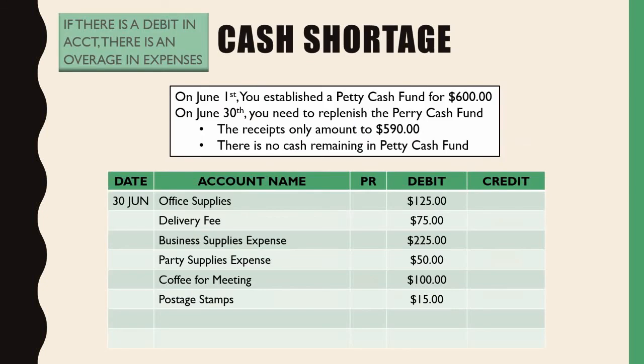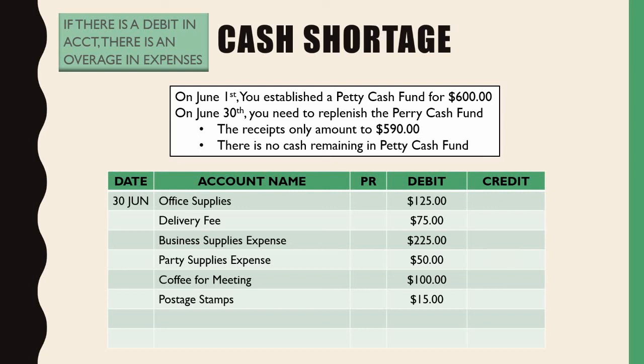So let's go ahead and take a look at an example here. On June 1st, you establish the petty cash to be $600. And then at the end of June 30th, you calculated all the receipts. You had total receipts of $590 and you had zero cash in the register.